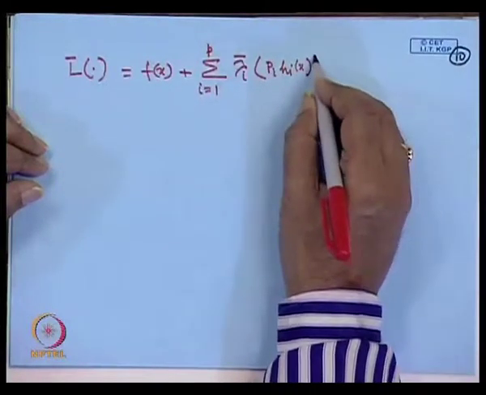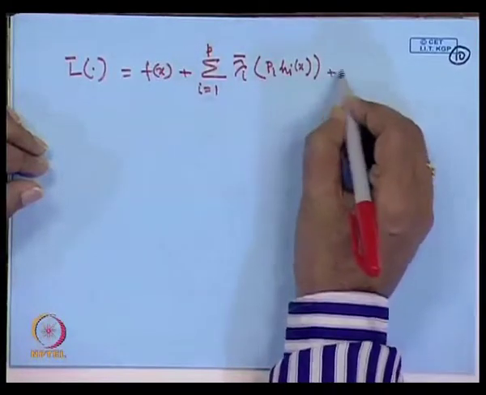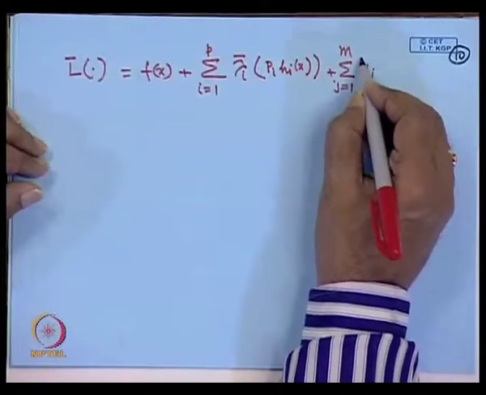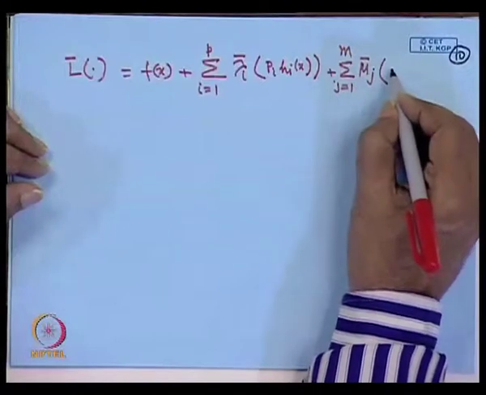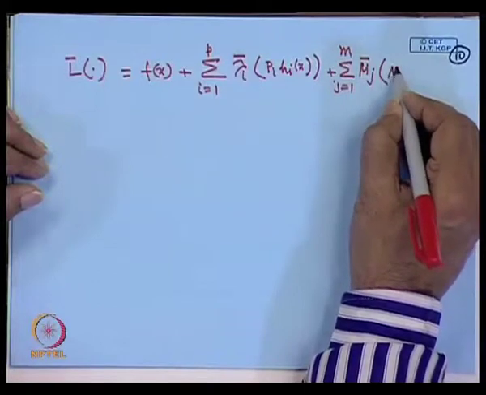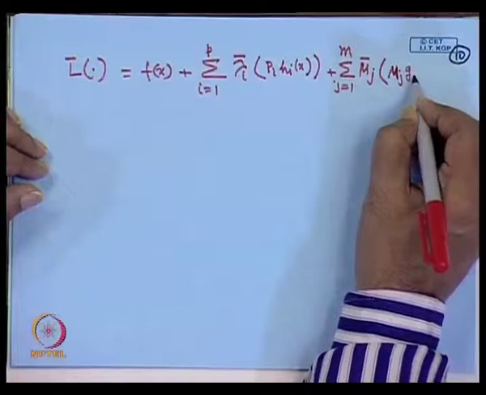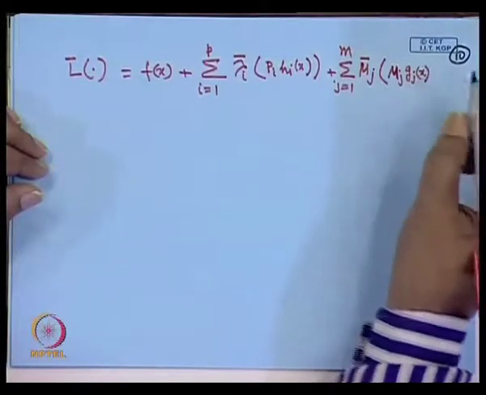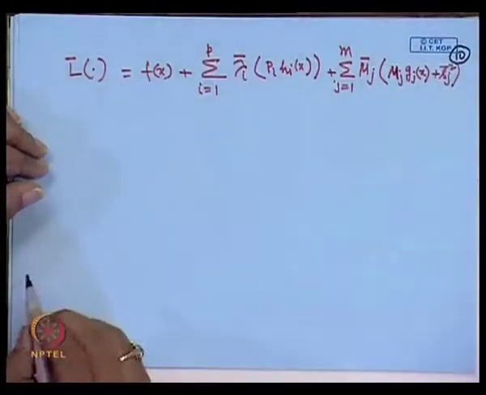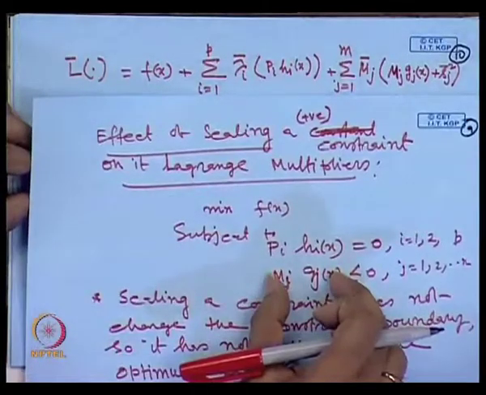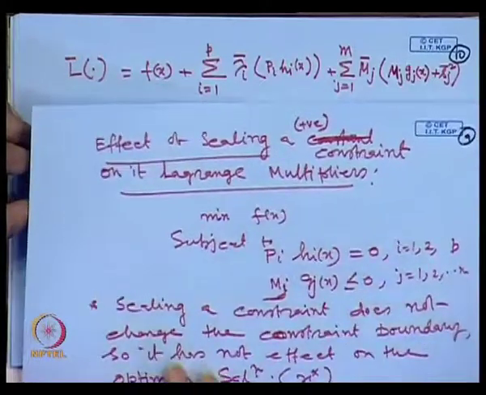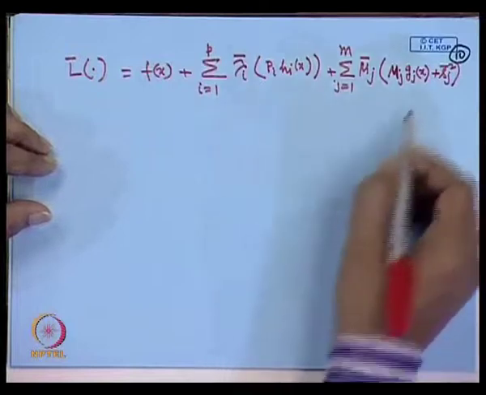This part is over. Next, summation of j equal to 1 to m, mu j bar, M j g j of x plus s j bar. I have considered new variables here, because this is now our inequality constraint. We have to add some positive quantities in order to make it an equality constraint.